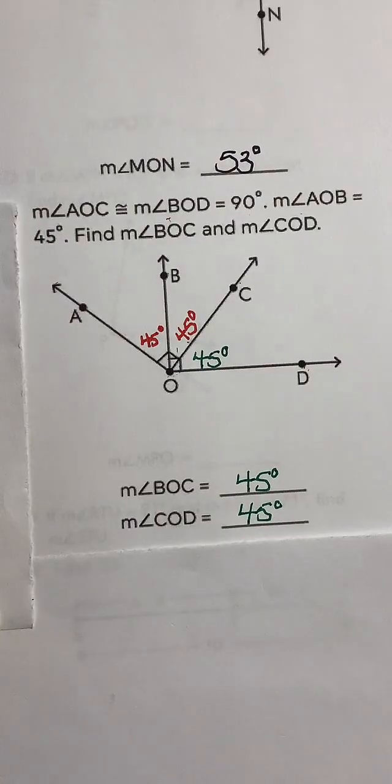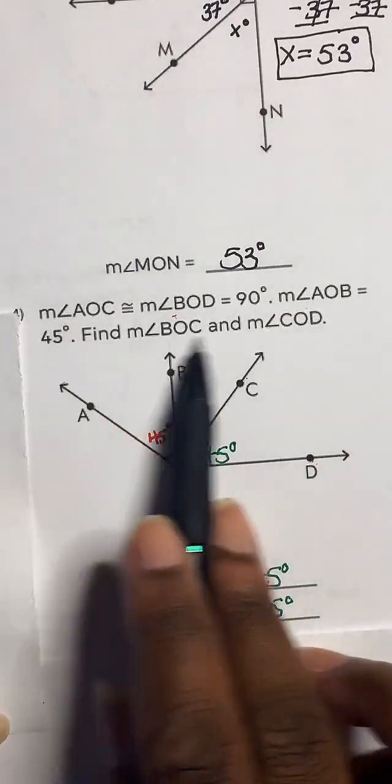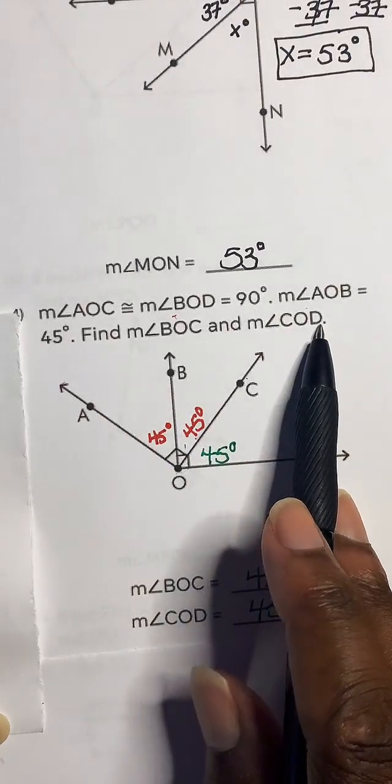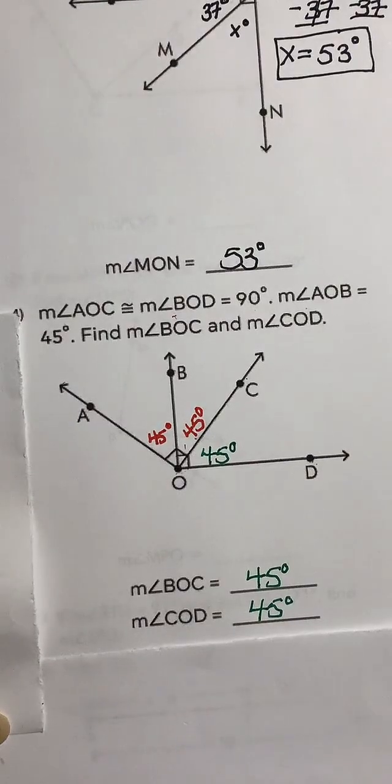Now here's the thing, Gail. With geometry, you can't use your eyes. You're like, oh, that doesn't look equal. You always go by the information that they give you and you run with that. That's why you're always doing those proofs, the statements and the reasoning. You're always proving that something is what it is. That's why you do a lot of conditional statements, the if-then statements, the converse, the inverse, the contrapositive.